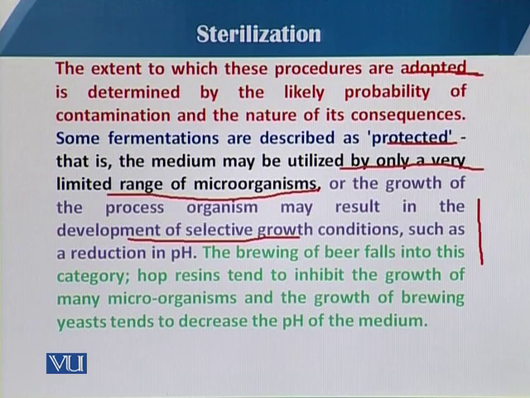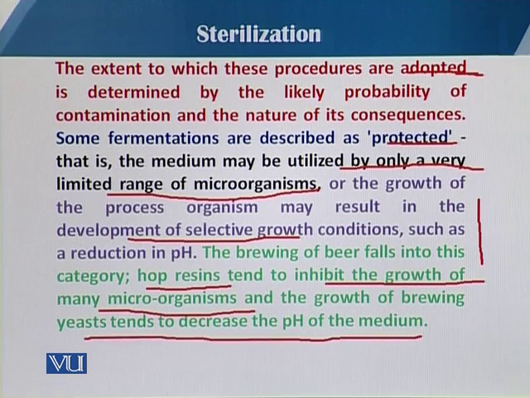Just as an example, the brewing of beer falls into this category. The hop resins tend to inhibit the growth of many microorganisms, and the growth of brewing yeast tends to decrease the pH of the medium.